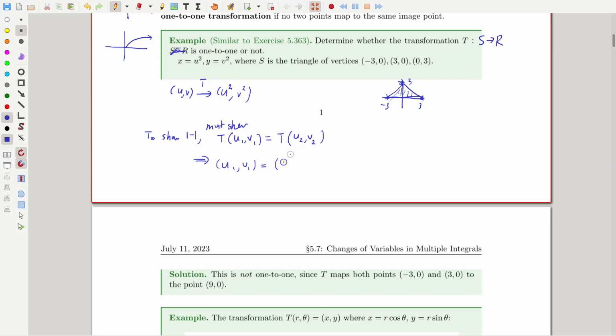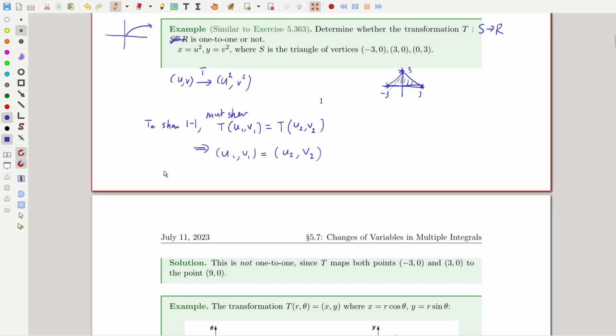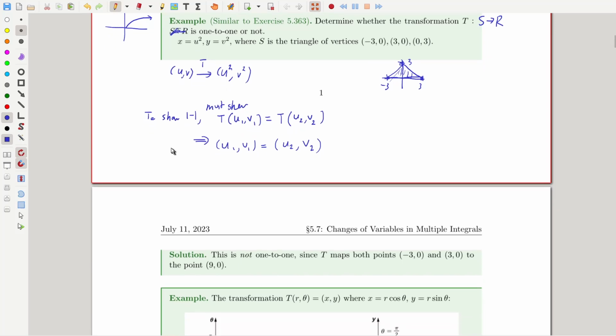And so hopefully you can see that this is far too mathematical for you guys in Calc 3. Proving things like this is much more, well, it's fine for math majors, but not so fine for engineers, right?